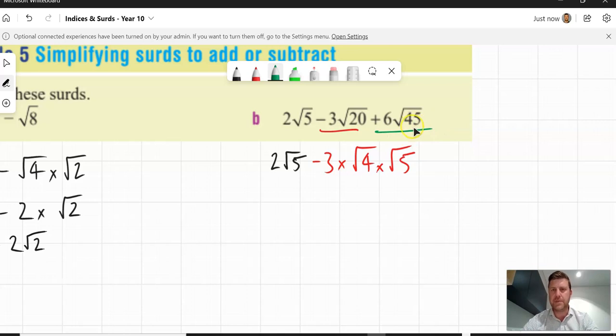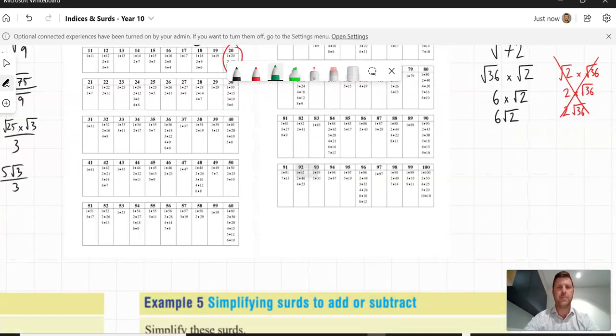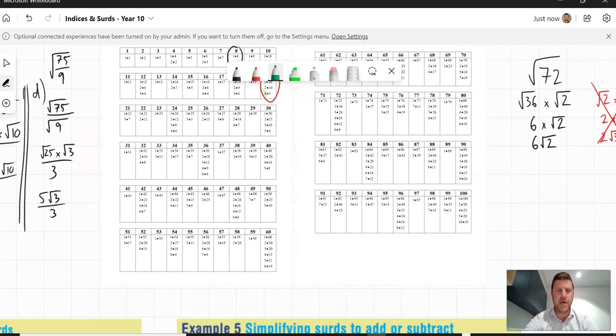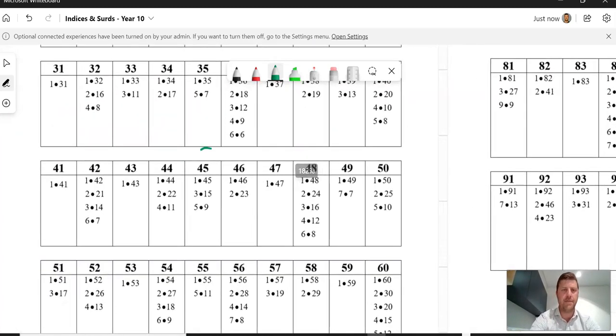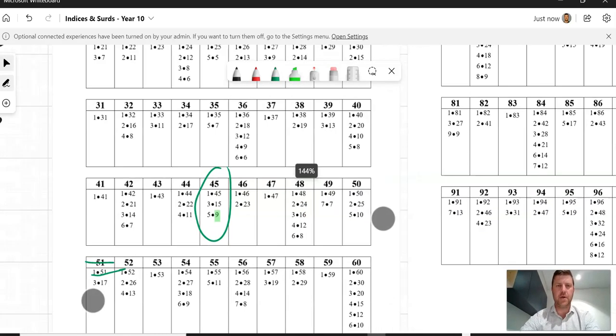Again, I'm looking for some square factors of 45. So if I go to my factor chart, 45, again, this time the highest square factor of 45 is 9. So the square root of 45 can also be written as square root of 5 times the square root of 9.